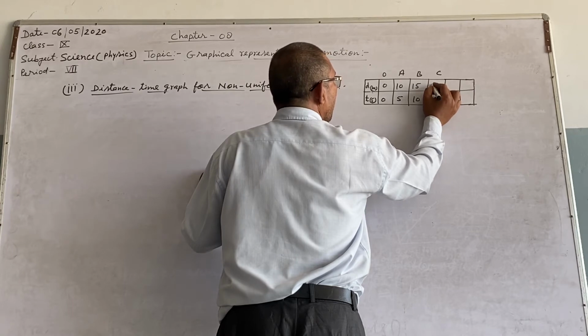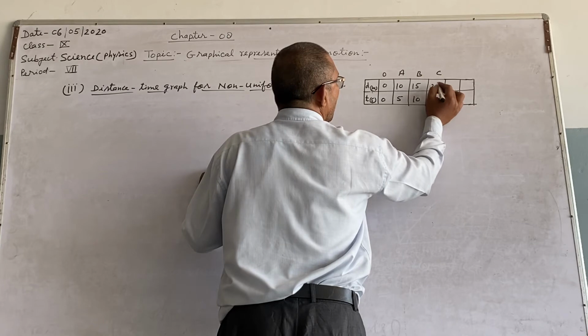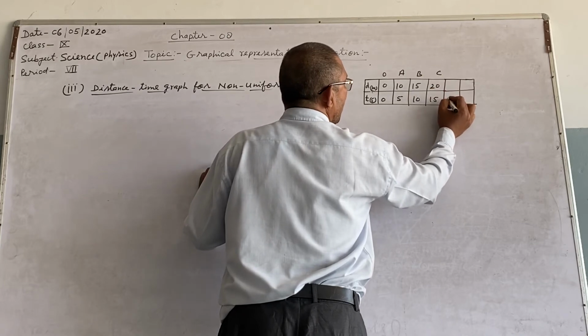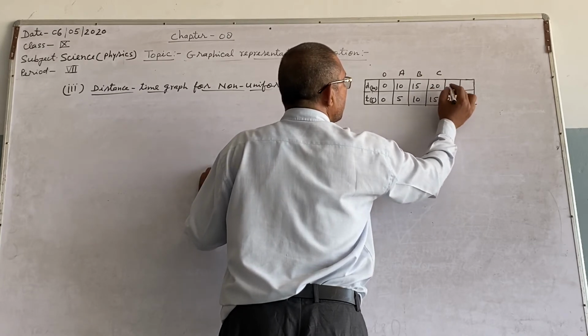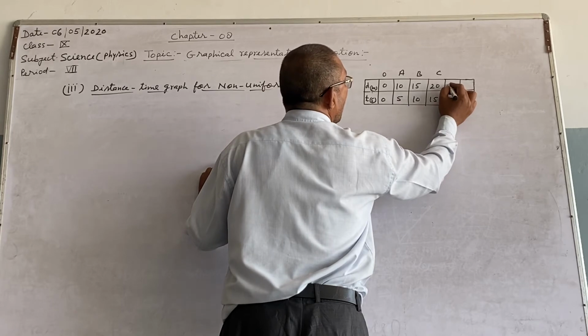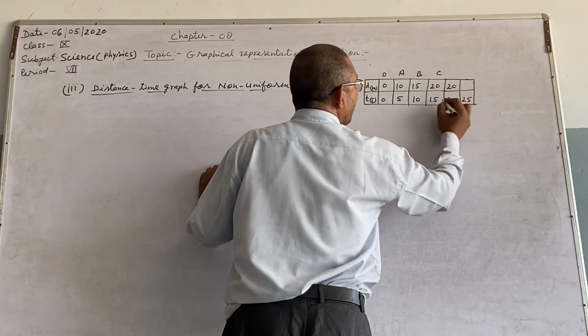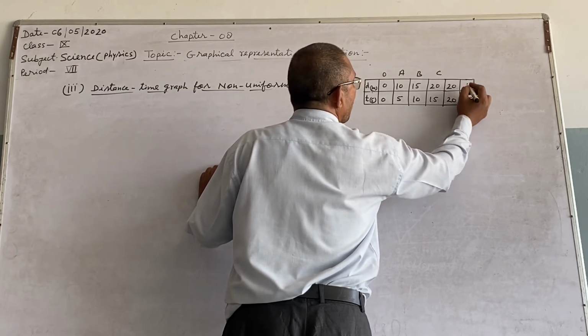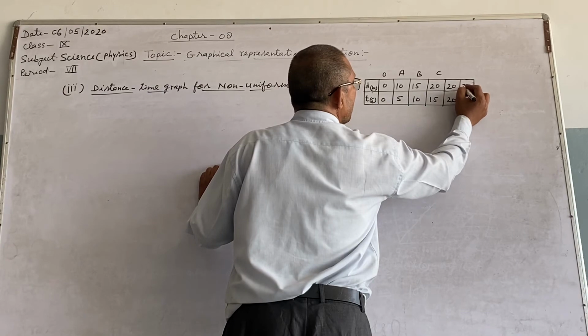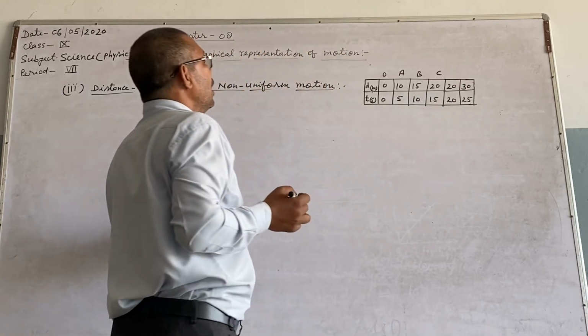it 20 meter, and after 20 seconds let distance covered it 20 meter, and after 5 seconds, that is after 25 seconds, let it 30 meter. Now draw.